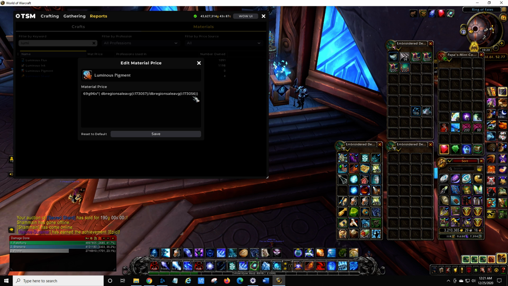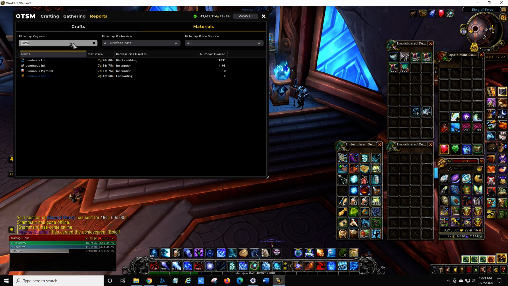So the 056 should be umbral pigment. We'll just go over there and take a look.